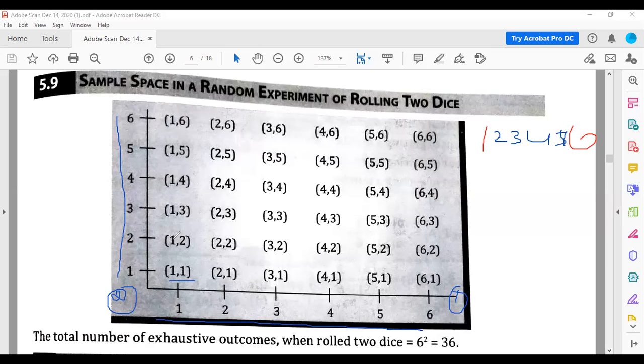One dice can be 1, the other dice can get 2. See, 1 and 2, 1 and 3. It is easy to remember like this. 1 and 4, 1 and 5, 1 and 6. These are the possible outcomes that can come by rolling the dice many times.